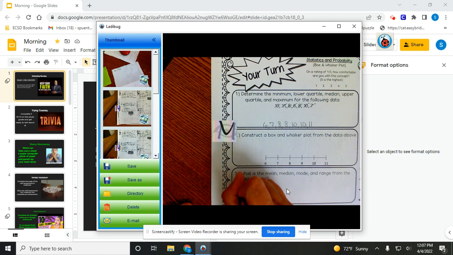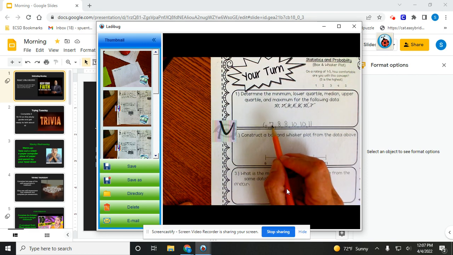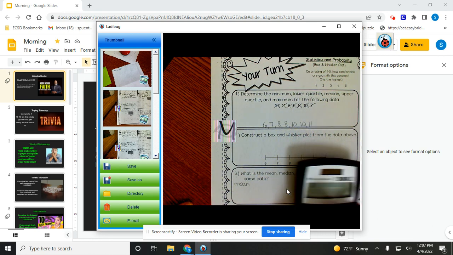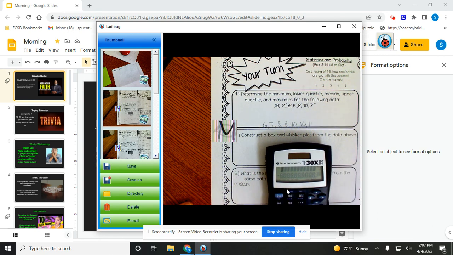So like we had just talked about in the previous video, our mean is our average. So we're going to go ahead and add everything together. And then I've got 1, 2, 3, 4, 5, 6, 7. So I have 7 numbers, so I'm going to go ahead and divide it by 7. So I have 6 plus 7 plus 8 plus 8 plus 10 plus 10 plus 11.